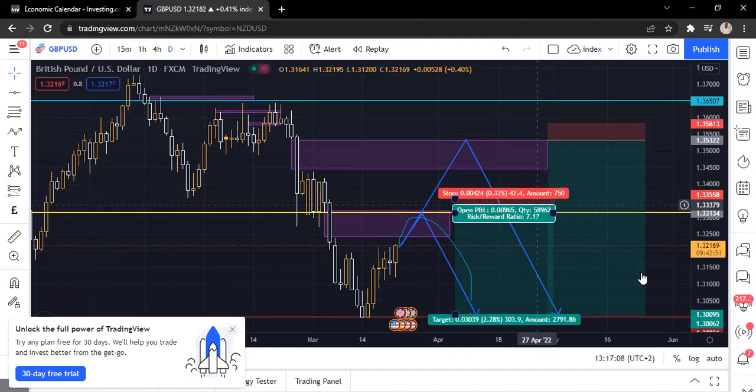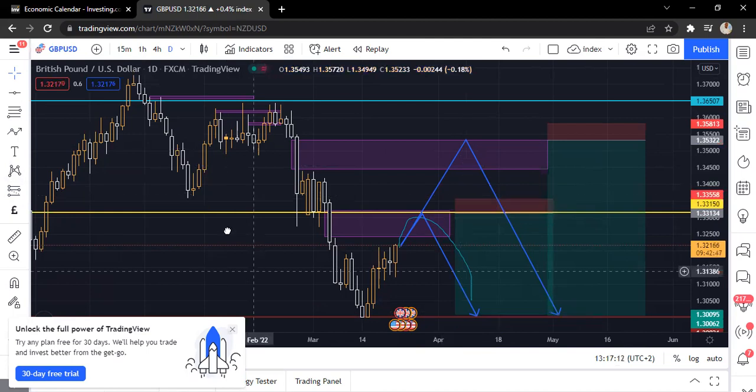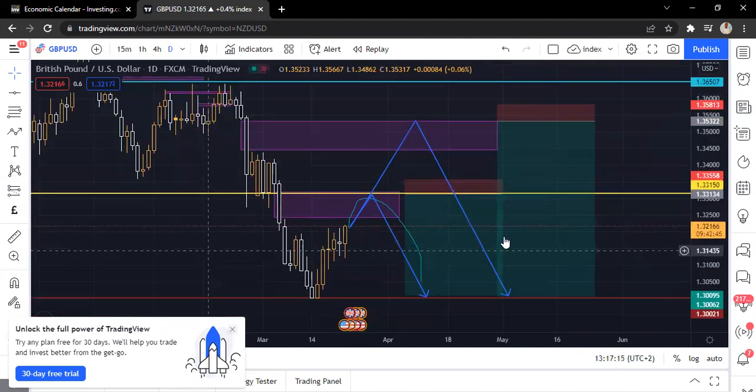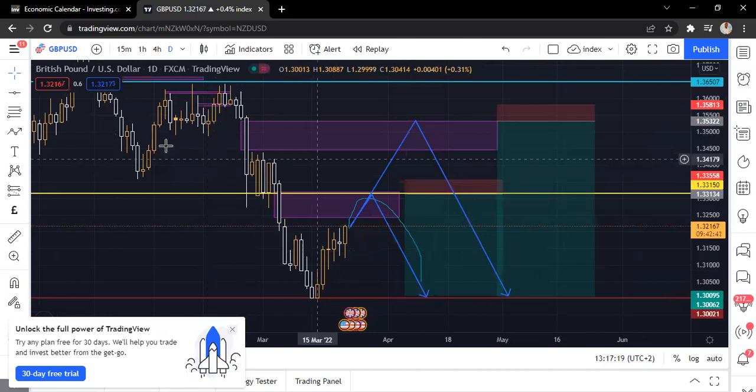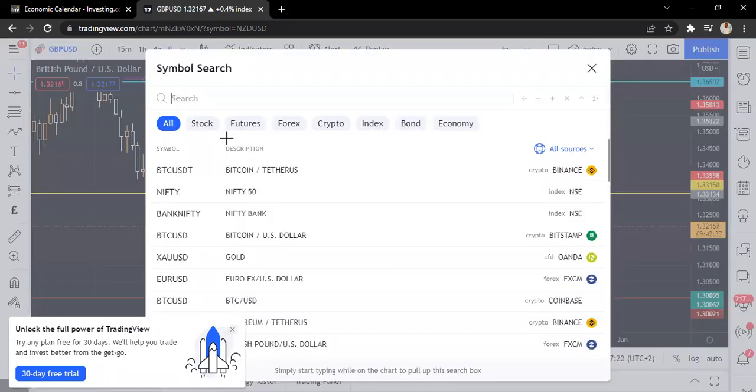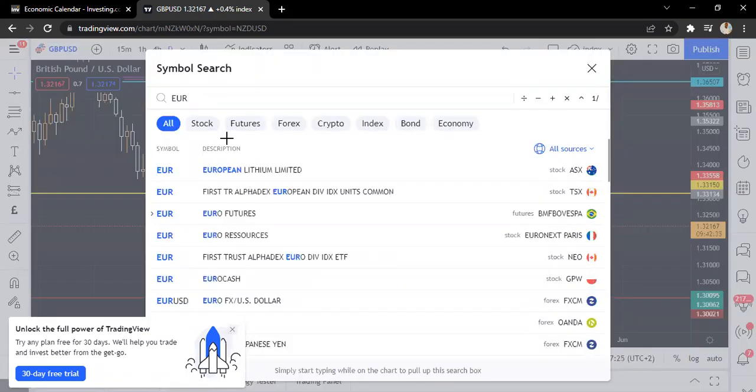Yeah, this should be one of the things that we're looking at. These are two beautiful possible trades on Euro GBP. I think what we should look at now is EUR USD.